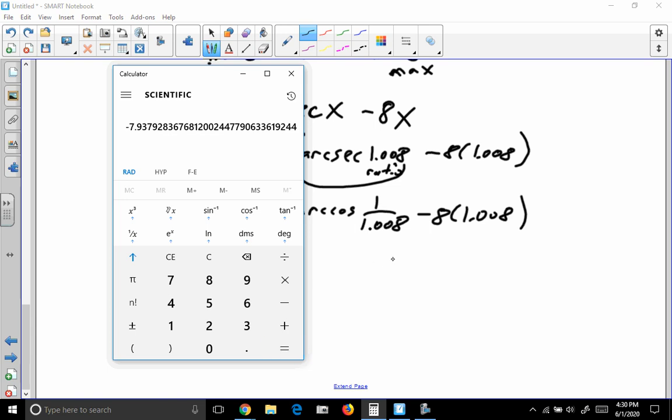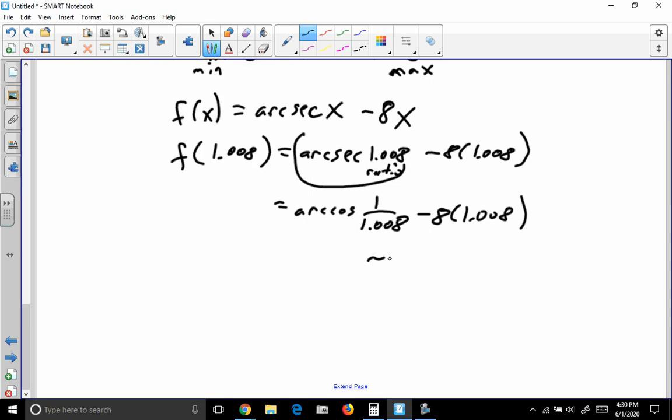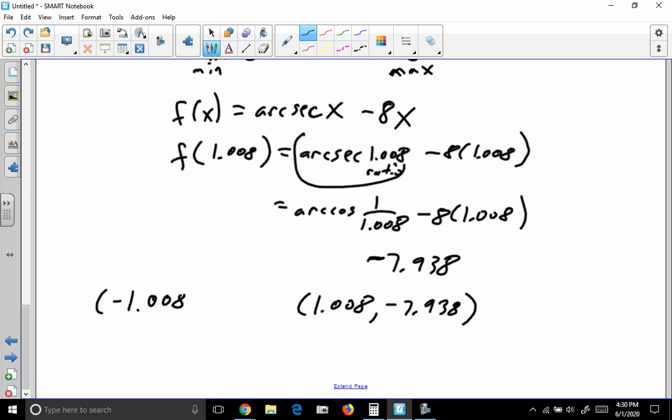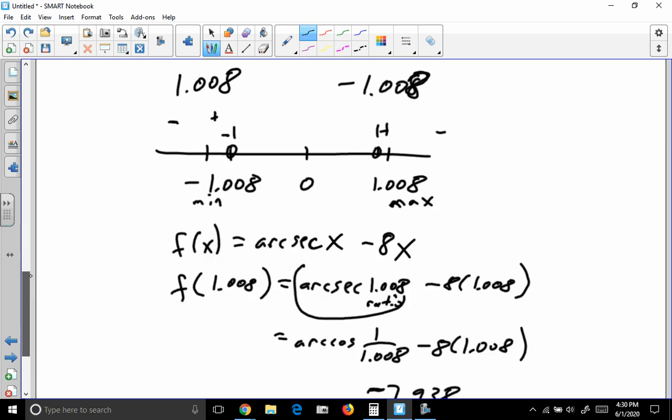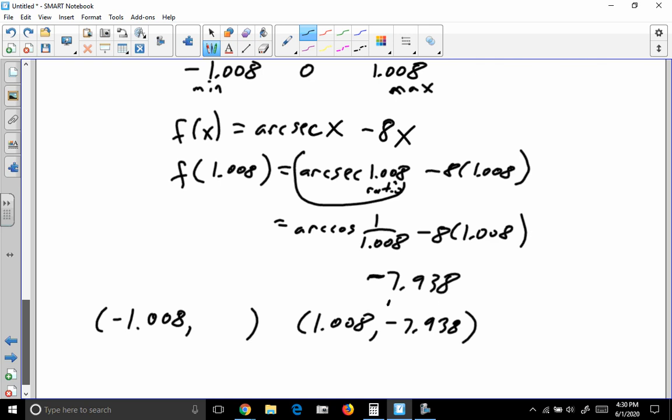That's how much we're taking away. So about negative 7.938. So x is 1.008. Y is about negative 7.938. We could do the same thing with the other x. So we saw this one is a max, and that one is a min.